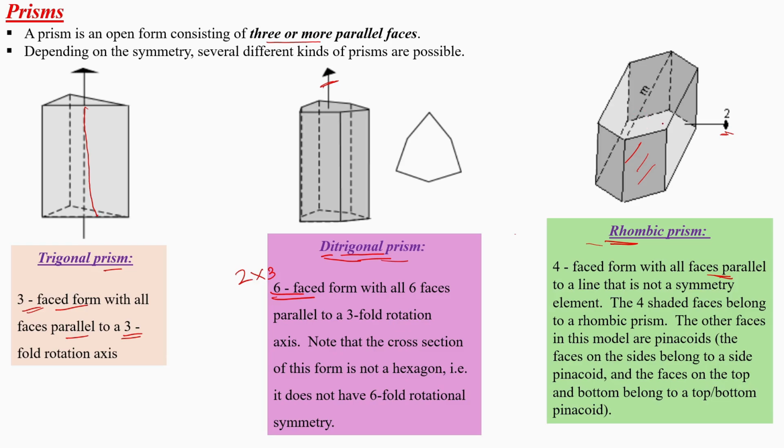In this form, you can see other forms like the pinacoid from the top, and this is the B pinacoid. So this is a combination of pinacoids and the rhombic prism.